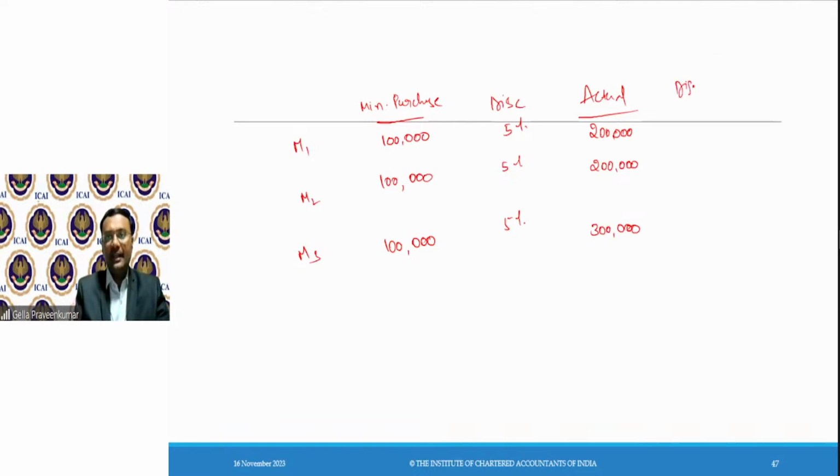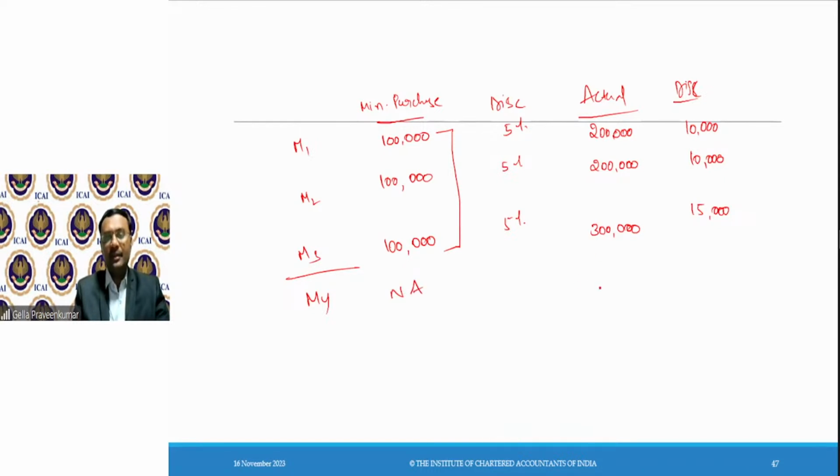I'll be eligible for discount. Month 1, assuming 10,000. Month 2, 10,000. Month 3, 15,000. This is my discount. Month 4, assuming this scheme is only for 3 months, there is no scheme or it's not available.